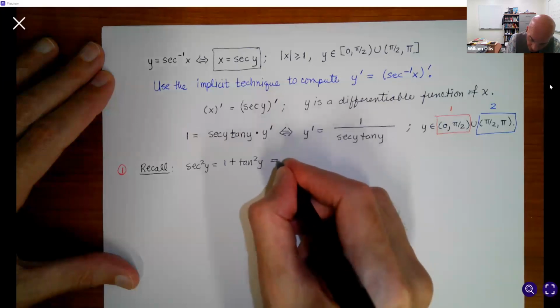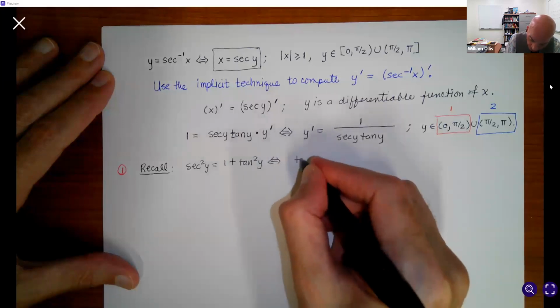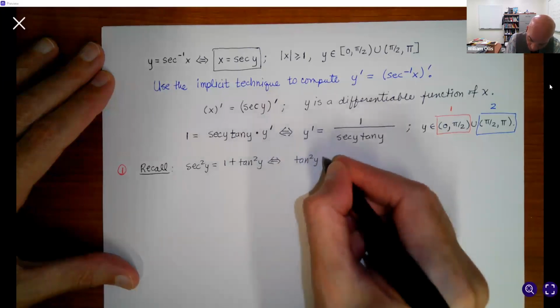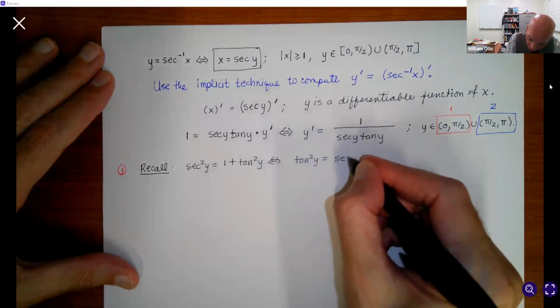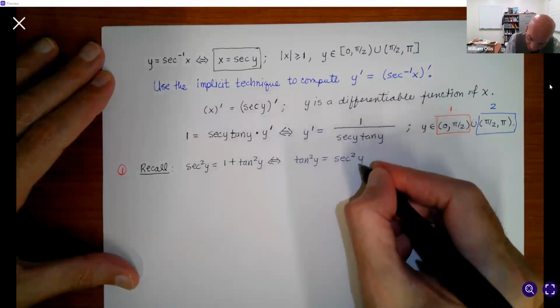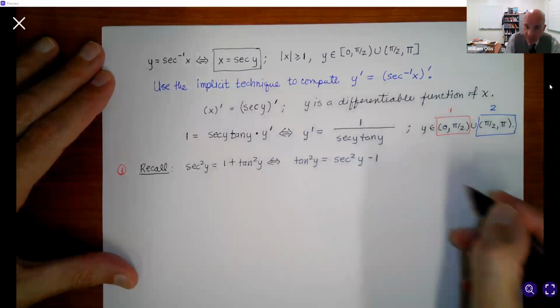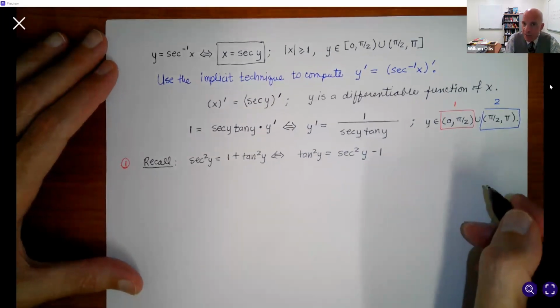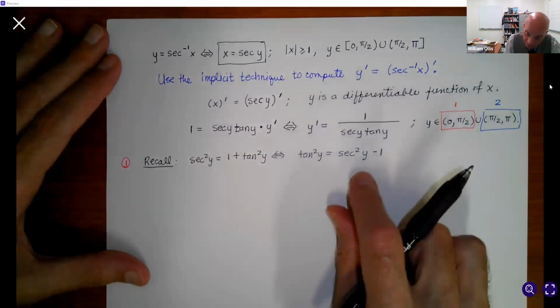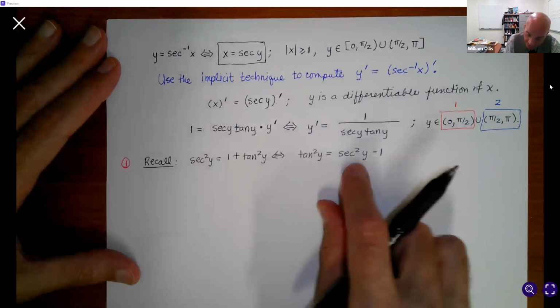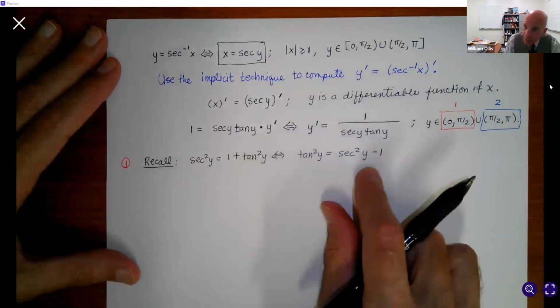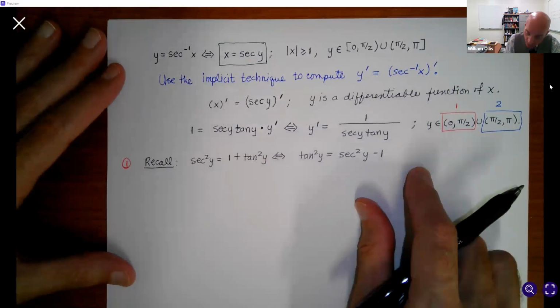So, of course, we can solve for tangent squared just by subtracting the 1. Again, just something we do in trigonometry. This is a fundamental identity rewritten, and we find them to be very useful, as we've already seen in our work. So now we can take plus and minus square roots of this as we need.